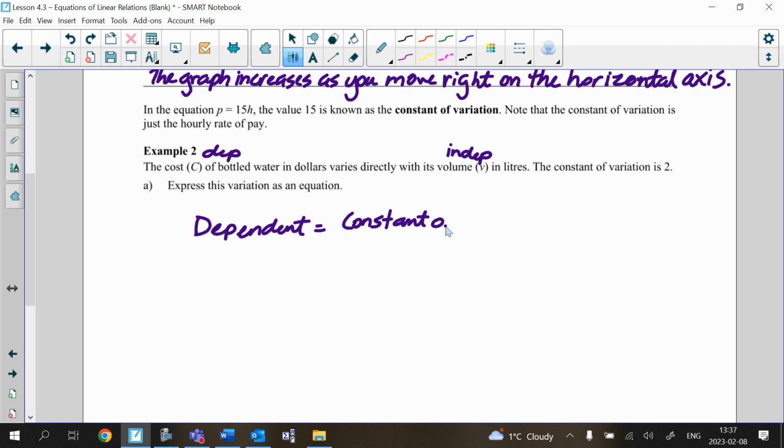That's what a direct variation equation looks like. So we've established the dependent is the cost, so we would say C instead of dependent. The constant of variation is 2. And the independent, that's the volume, which we are told to call V. So that's the equation.